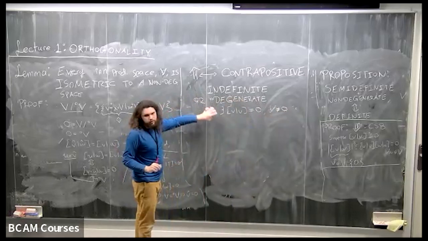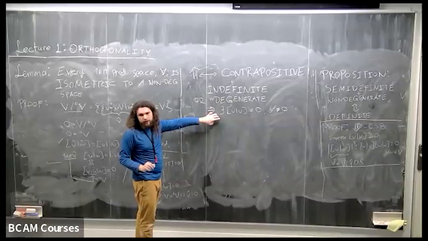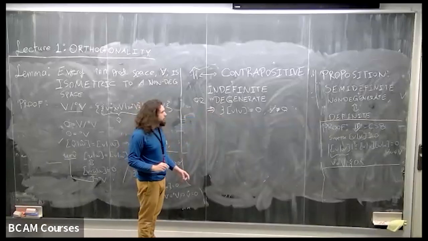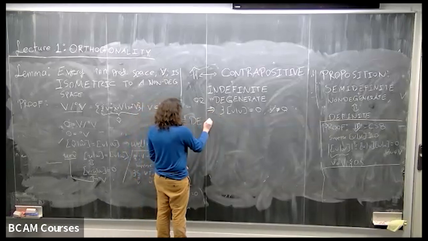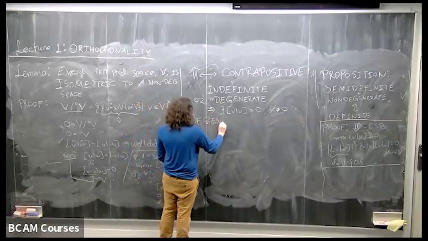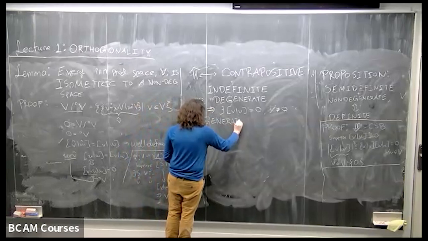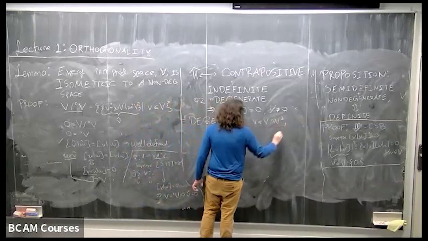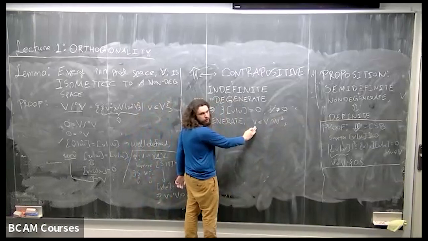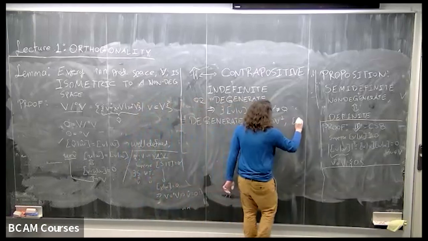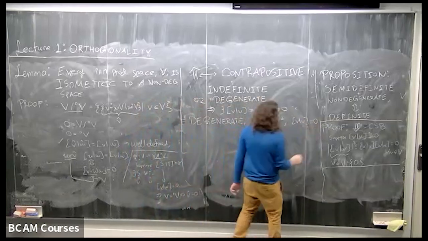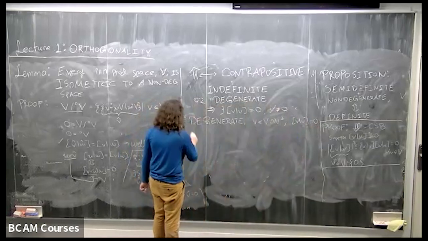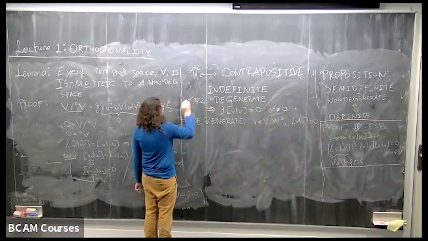Degenerate implying the existence of neutral vectors is easy, because in the degenerate case we have an isotropic vector. So you have V isotropic, and an isotropic vector is necessarily neutral. So this is the easy case, and we got this part.